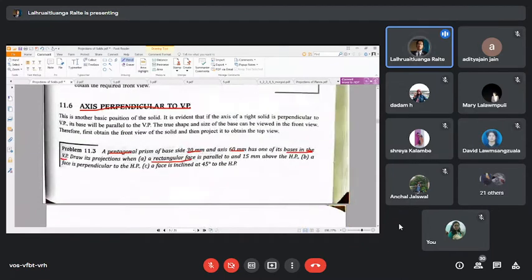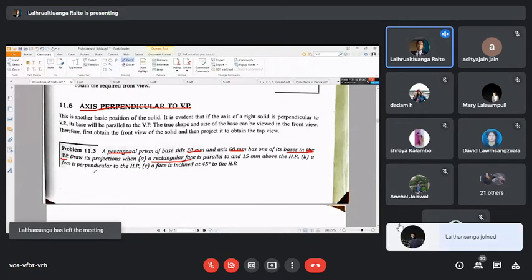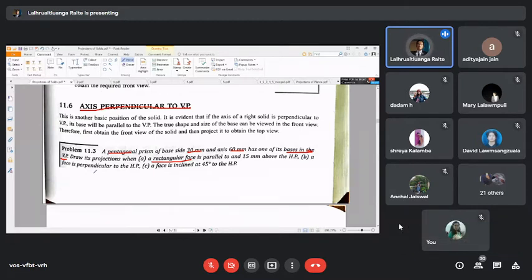Okay. And in the second condition, we are going to have a face perpendicular to the horizontal plane. Still remember, a prism, a pentagonal prism, has five rectangular faces. So one of the faces is going to be perpendicular to the horizontal plane in the second condition. And in the third condition, one face is going to be inclined at 45 degrees to the horizontal plane.